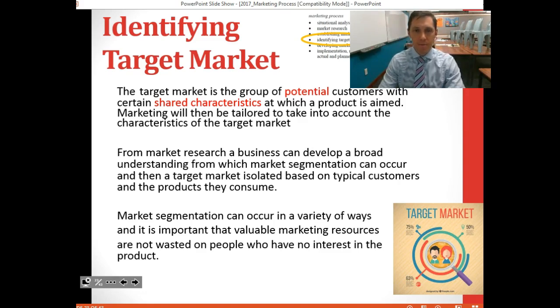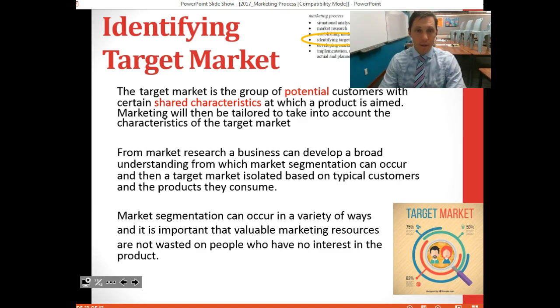Target market, identifying your potential customers, who are people with shared common characteristics. For example, business executives who fly from Sydney to Melbourne every Monday morning and return to Sydney or Melbourne on a Monday evening or on a Friday evening if they're going down to commute to Melbourne for the week. That may be one of the target markets that Qantas is targeting for their business customers.